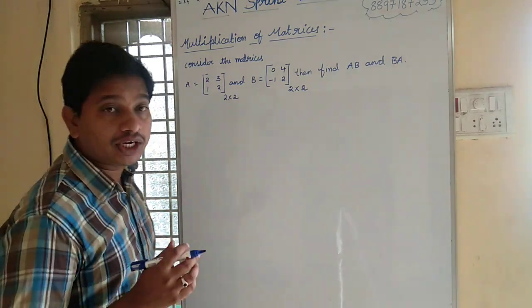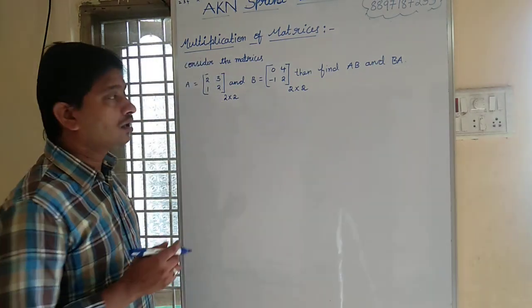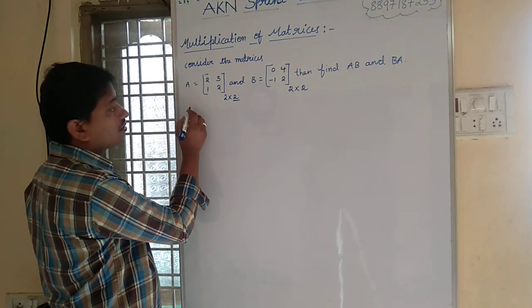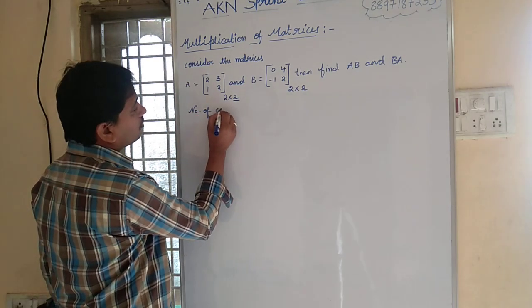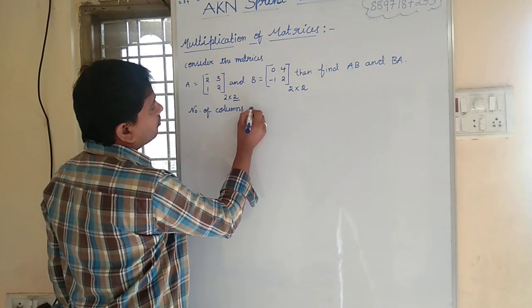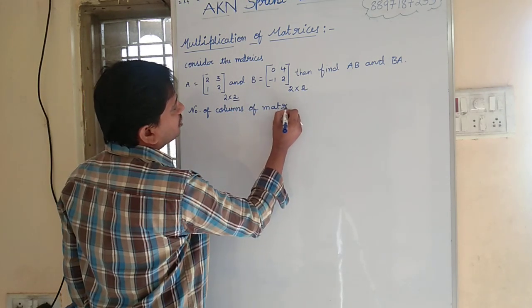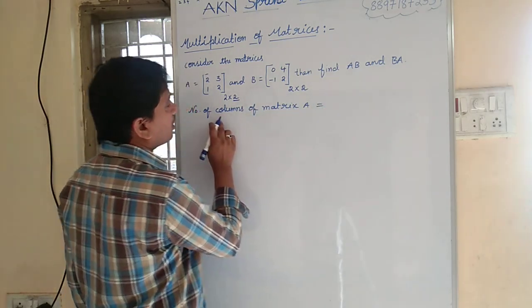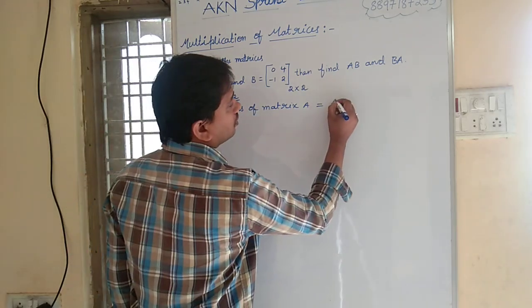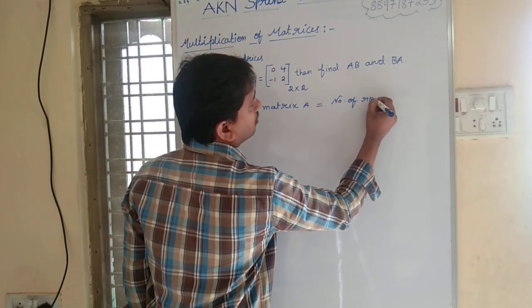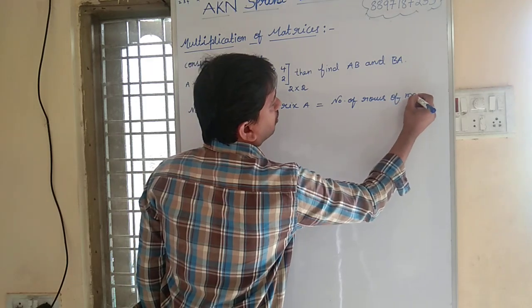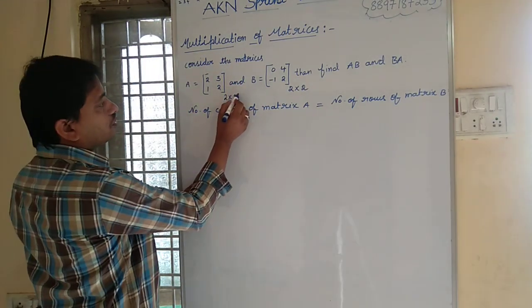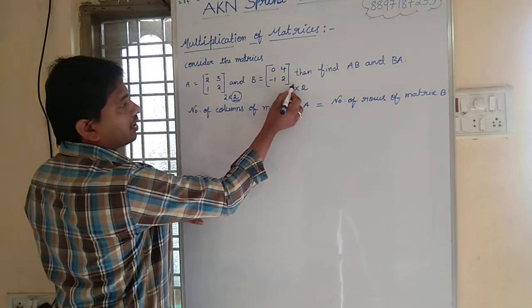Children, when we are multiplying two matrices, the number of columns of the first matrix, matrix A, must be equal to the number of rows of matrix B. See here, we have two columns and here two rows.